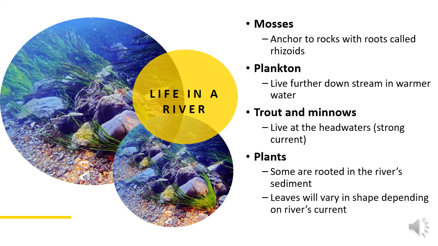Third are the trout and minnows, which are located at the headwaters where there are strong water currents. And lastly, the plants, some of which are rooted in the river sediment. Their leaves will vary in shape depending on the river's current.